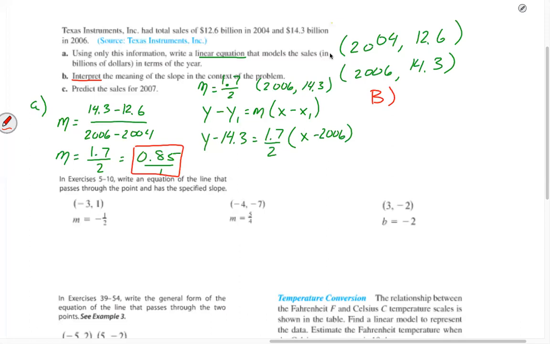But I wrote it over 1 so that I can write a sentence like TI makes 0.85 billion dollars per year. That per year is crucial. That's why the denominator is 1. It sounds better in a business meeting.